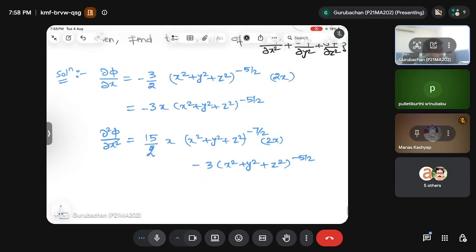This will be 15 x square (x square plus y square plus z square) to the power 7 by 2, with minus sign 3 times (x square plus y square plus z square).